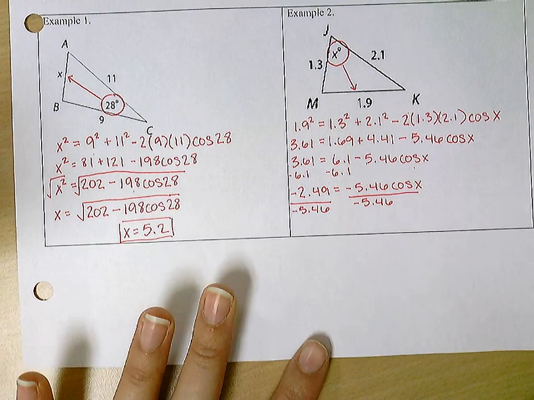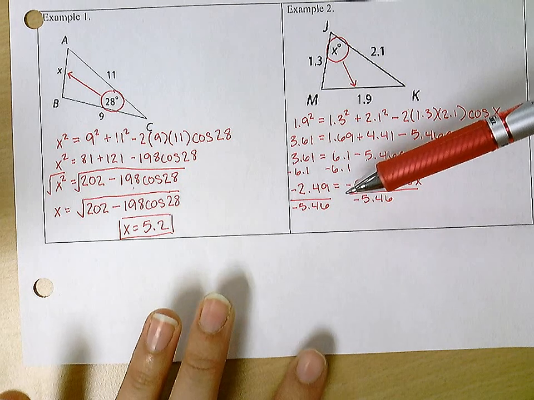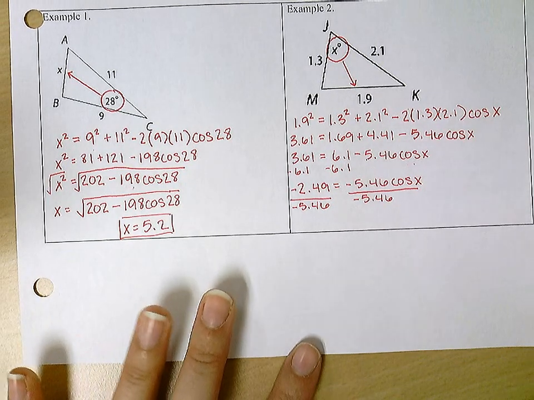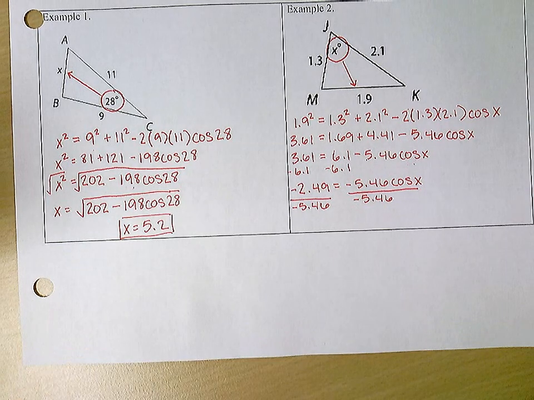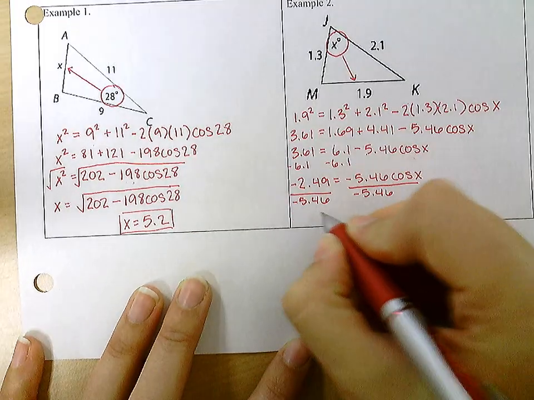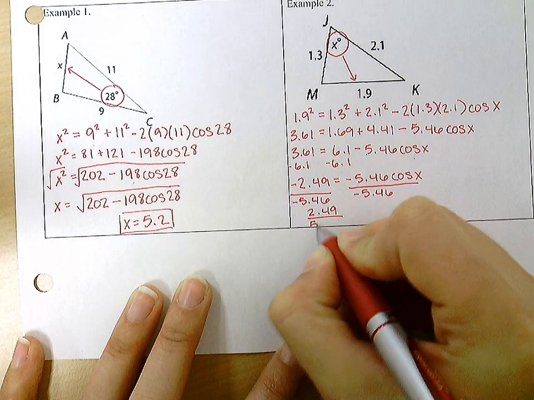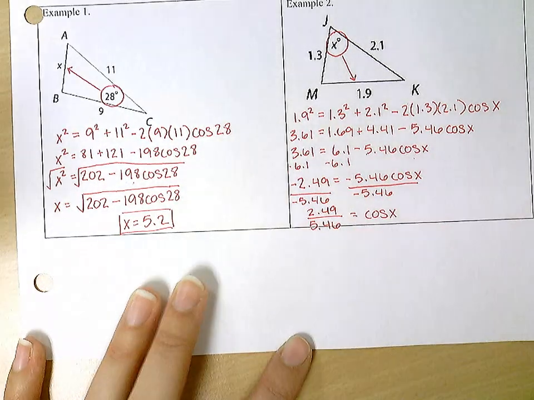It creates a positive, right? And I'm going to leave this as a fraction here. I'm not actually going to enter it into the calculator. You can enter it into your calculator, but then your answer might be rounded differently than mine. So right now what I have is 2.49 over 5.46, and that's equal to cosine of x.